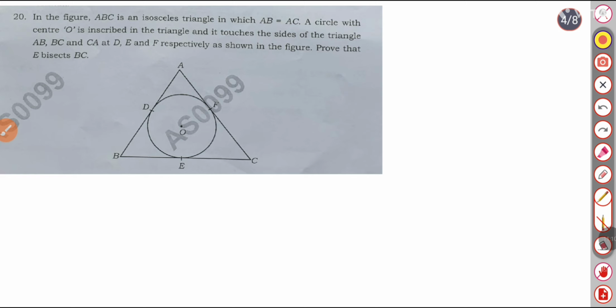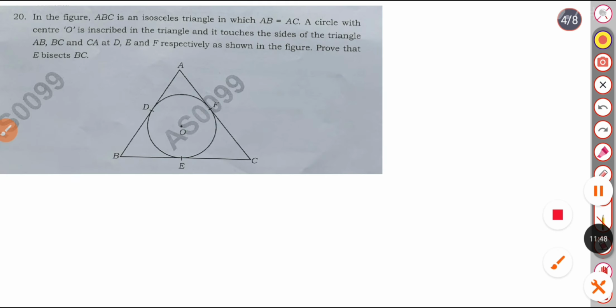Bisects means what? E makes BC into equal parts, that is BE is equals to EC we have to prove. To prove that, we'll take the circle theorem, that is tangents from external point theorem. We know tangents drawn from external point will be always equal.